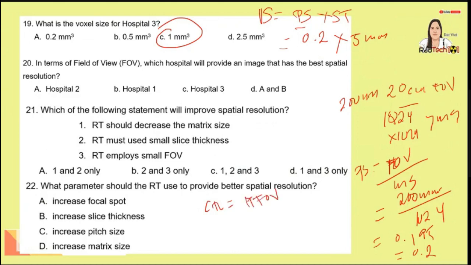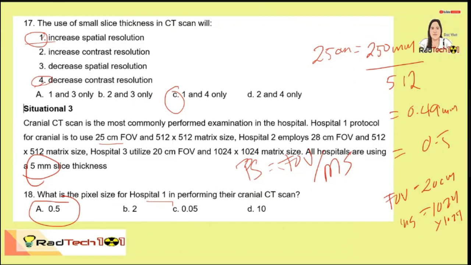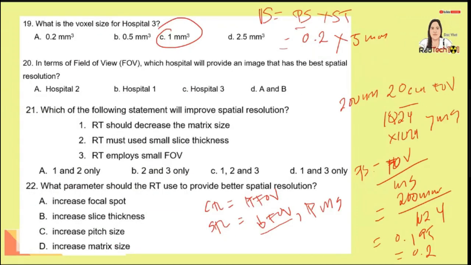If we want a better spatial resolution, we decrease the FOV and instead increase the matrix size. So let's look for the one with the smallest FOV. Here's the given: we have 25, 28, and 20. So Hospital 3 has the best spatial resolution.